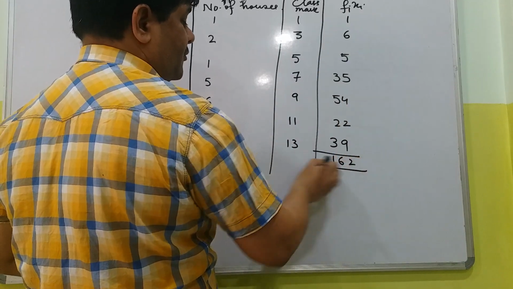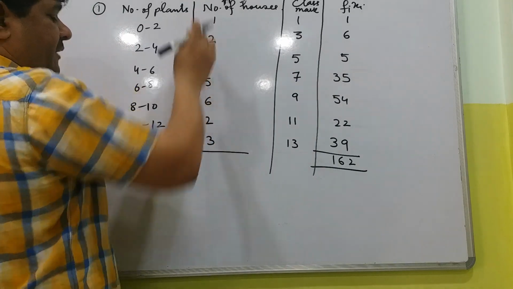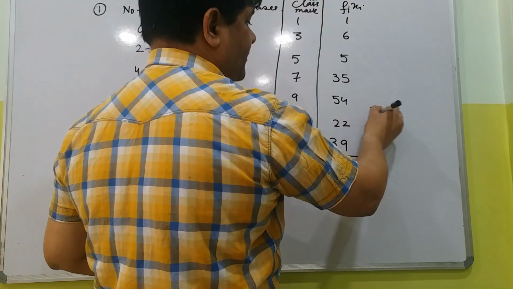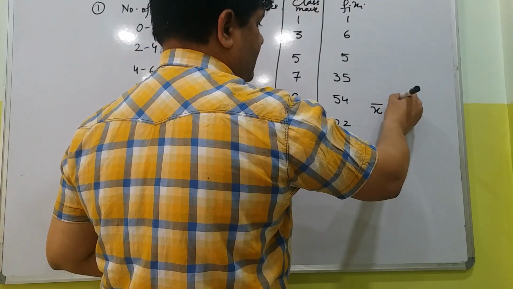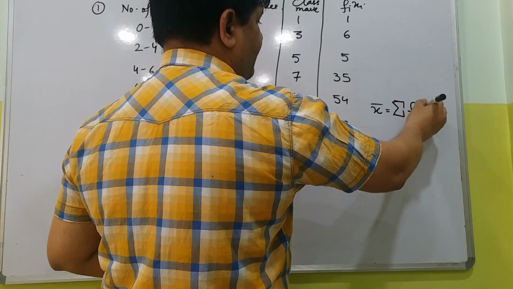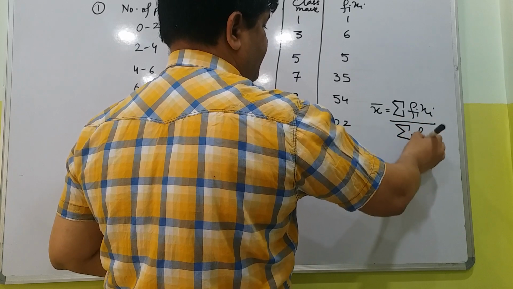Their total comes out to be 162, and the frequencies 5, 11, 16, 17, 20 total 20. So this is the formula for calculating the mean by the direct method: summation Fi xi over summation Fi.